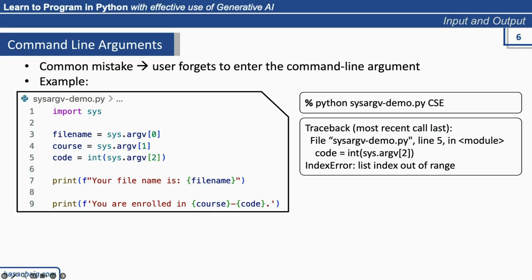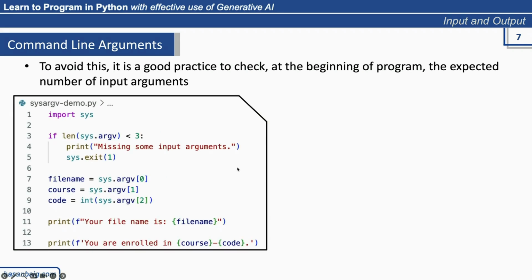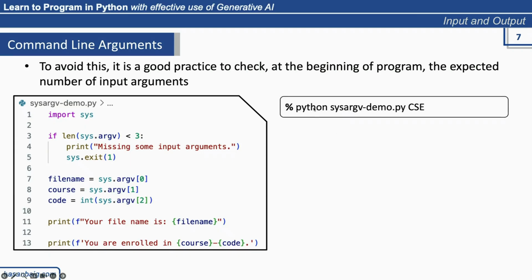Did you get that? If the length of ARGV is less than 3, it means the user has specified the file name and at least 1 argument, but forgot to provide either the 3rd argument, which is the main argument, or the 2nd argument also. When you run this code like this, python, the file name, CSE, it will print this message, print some input arguments, and then sys.exit.